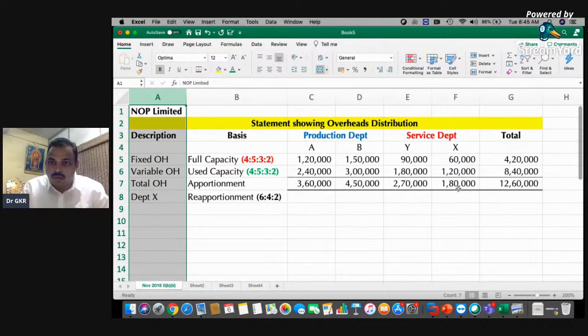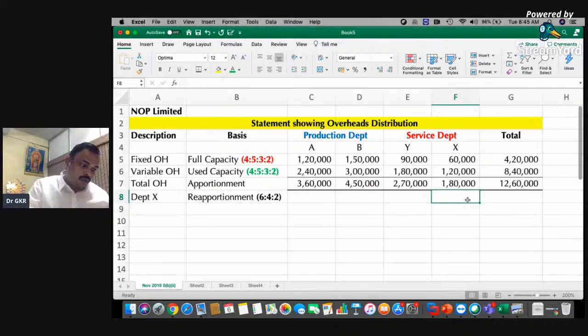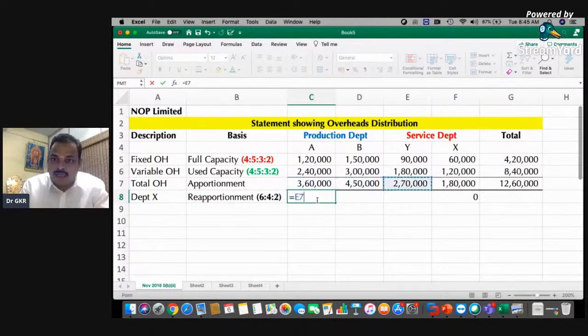So let me distribute this, guys. Department, so now what is your total? Your total is actually 1,80,000, which is going to be distributed in the ratio 6:4:2. So 6 plus 4 is 10, 10 plus 2 is 12. So 1,80,000 into 6 by 12.